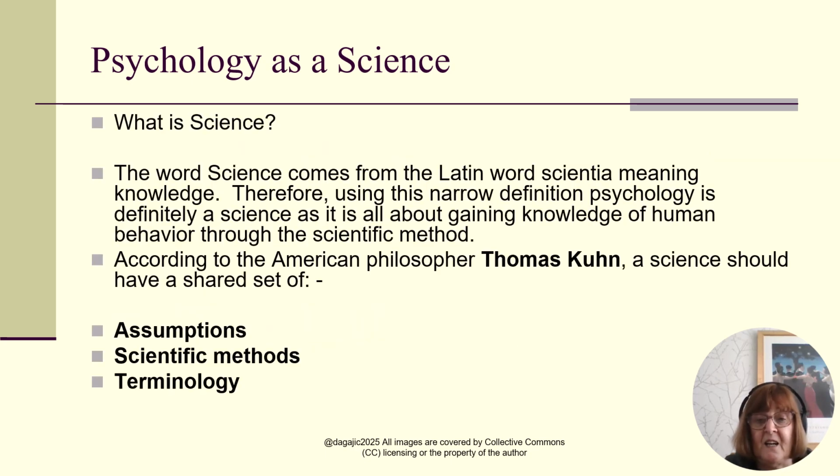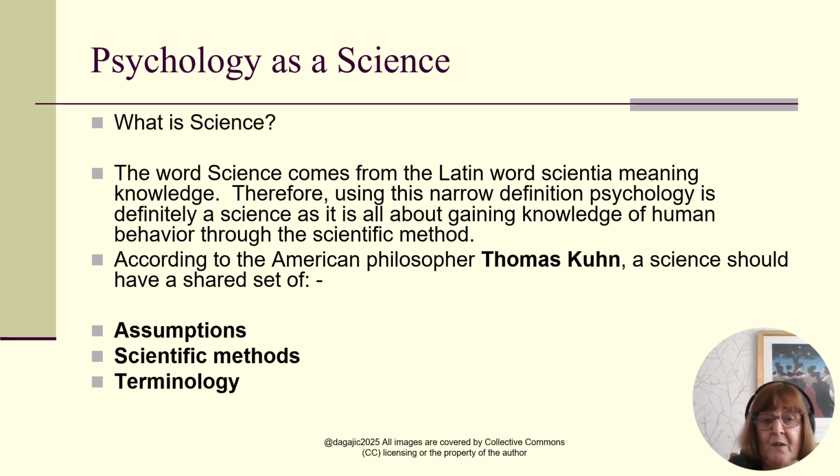We need to consider the philosophy behind science. The word science simply means knowledge, and that doesn't really help us much because with that definition, science is anything. The American philosopher Thomas Kuhn said that science should have a shared set of assumptions, use scientific methods, and have its own terminology. Well, psychology definitely has 2 out of 3.